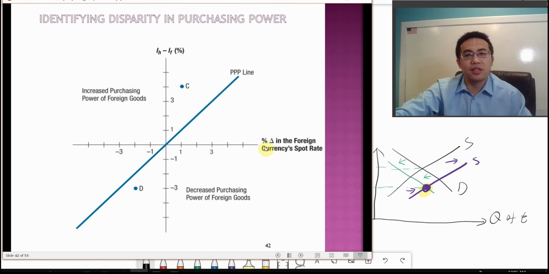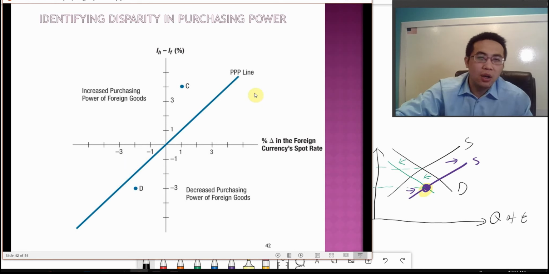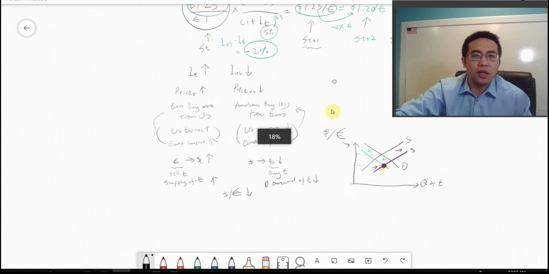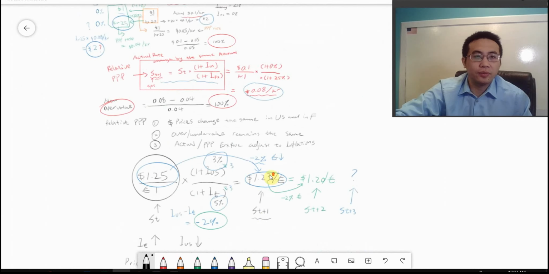Okay, so if that's the case, then we will need to draw this diagram. You will see a 45-degree slope line. That's the purchasing power parity line. Right here, the exchange rate change would adjust to the inflation difference, just like the formulas we covered earlier.